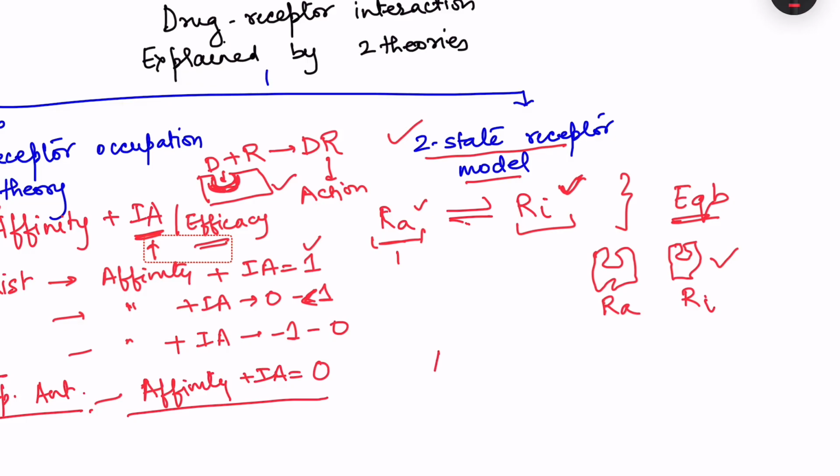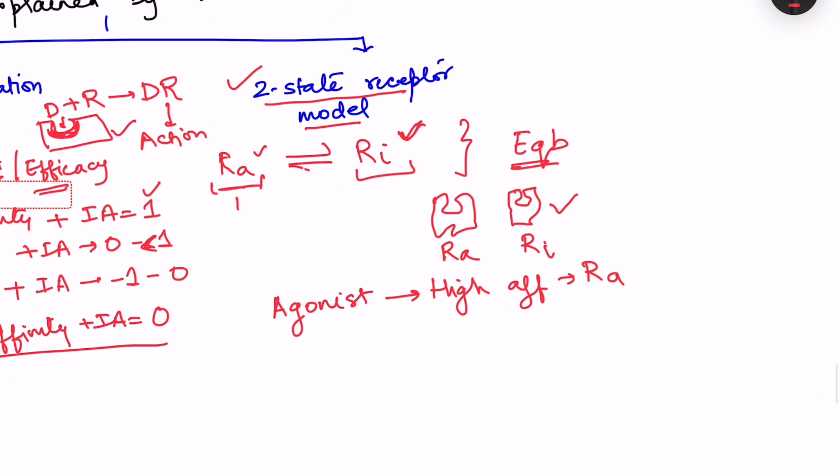Now suppose if you add an agonist, how it causes the changes. So this agonist, we say that it has high affinity for Ra, that is the activated state. Understanding? So before we were talking about intrinsic activity, now the intrinsic activity part we have left in the receptor itself, that there is an inactivated receptor and there is the activated receptor. So here we are talking only about the affinity.